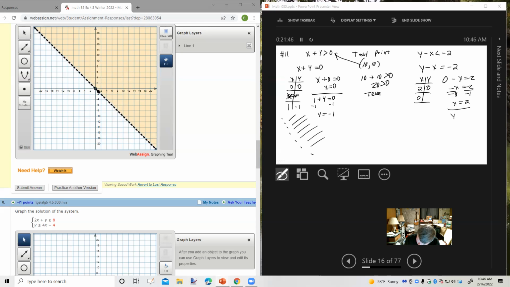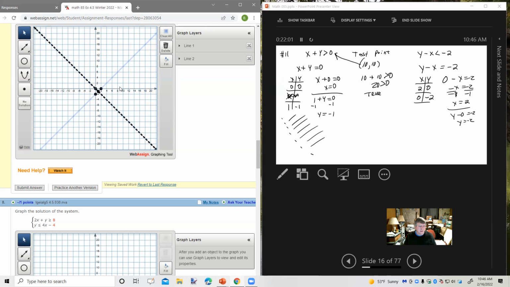If x is 0, y minus 0 equals -2. So y equals -2. And we'll come over here. Let's see, 2, 0 is right there. 0, -2 is right there. 2, 0, 0, -2. Ah, this one also needs to be dashed because it does not include the equals.